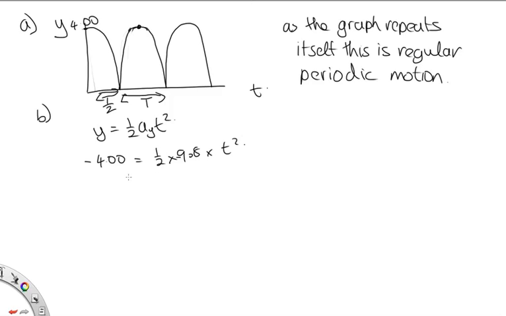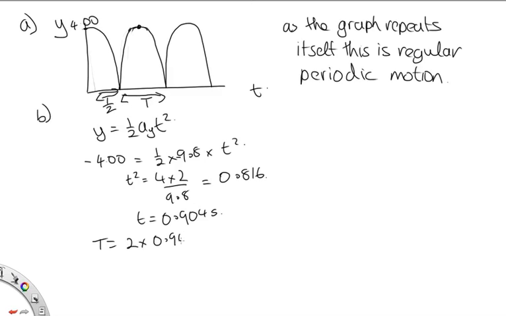Okay, so solving this, we have t squared is equal to 4 times 2 over 9.8, which is 0.816. So t is equal to 0.904 seconds. So the period is 2 times this. So 2 times 0.904 seconds, which is 1.81 seconds. So 3 significant figures is this period here.